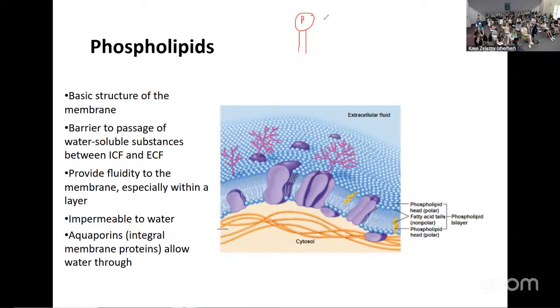So we had our phosphate head, it's polar, and it's hydrophilic, or water-loving. And our fatty acid tails are the opposite, right? So they're nonpolar, which means they're not attracted to water. They actually repel water. So they're hydrophobic.